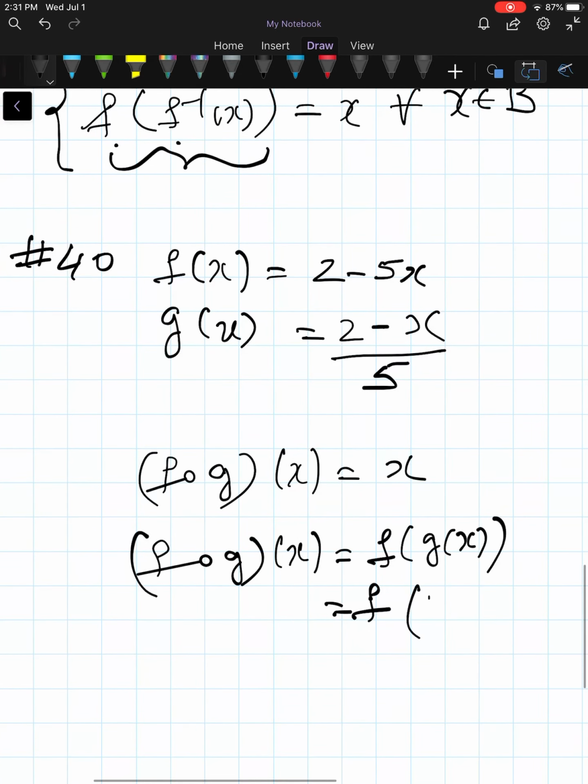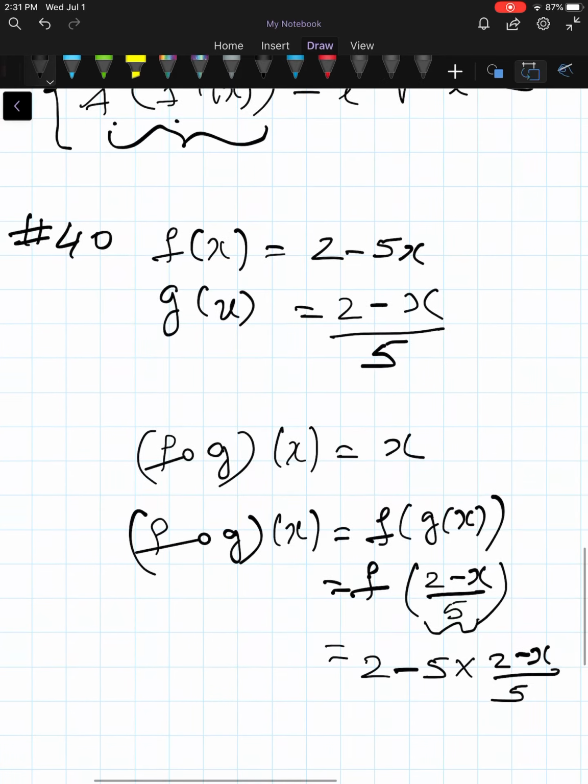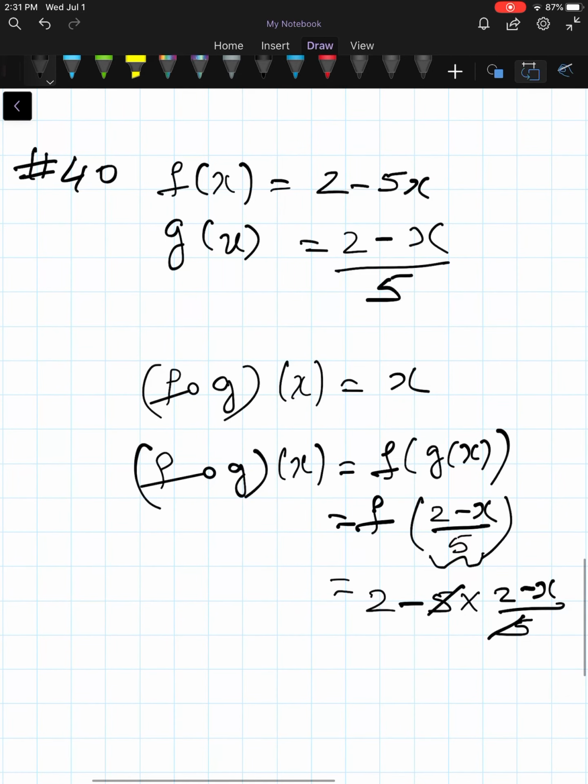G of x is (2 minus x) divided by 5. So when you go to the function f, wherever you have x, you substitute this whole fraction. So you will get 2 minus 5 times (2 minus x) divided by 5. Simplifying this further, this will be 2 minus 2 plus x. So 2 and 2 will get cancelled. You are just left with x.